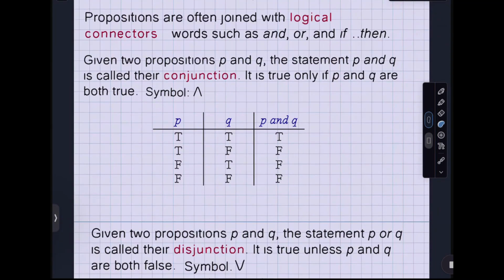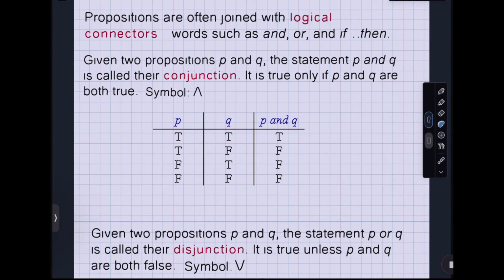So the logical connectors are and, or, if then, if and only if, which we'll talk about all of those. And I'm going to give you guys stories on how to remember when things are true or false based on those logical connectors.